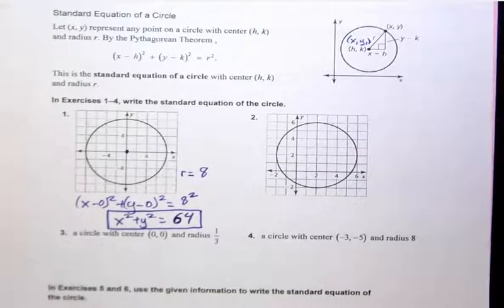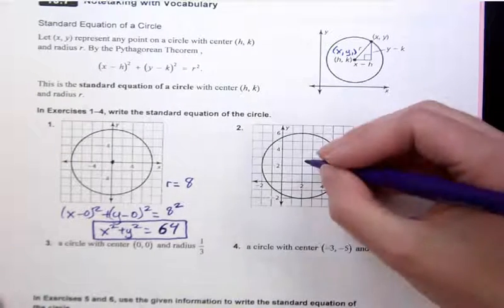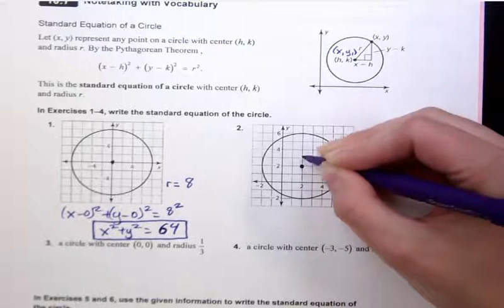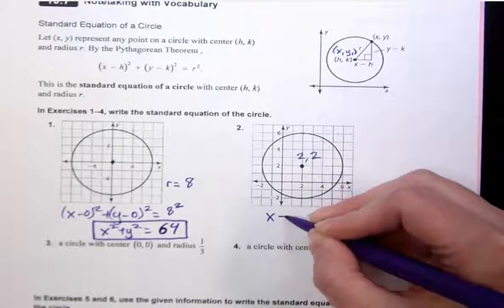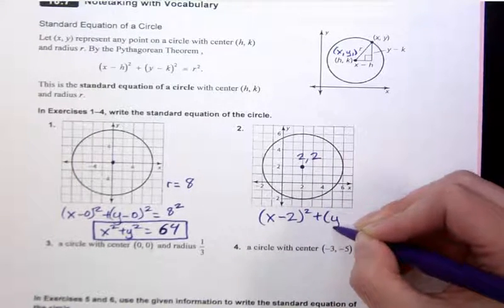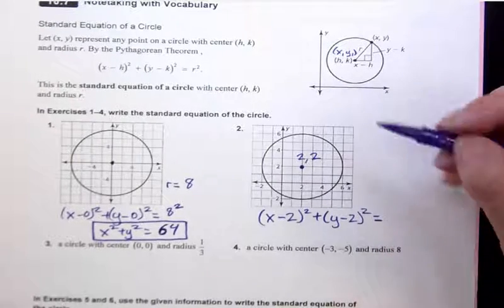All right, where's our center of circle 2? 2, 2, right? So I'm going to write x minus 2 squared plus y minus 2 squared. What is our radius here?